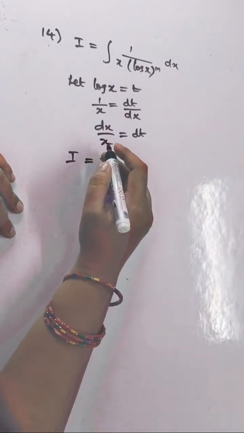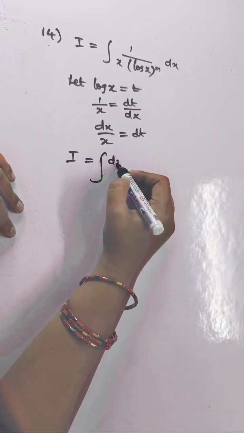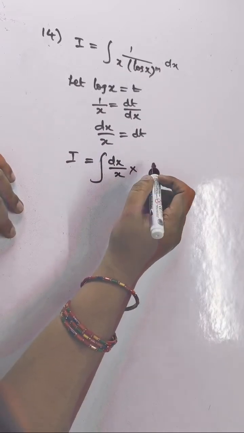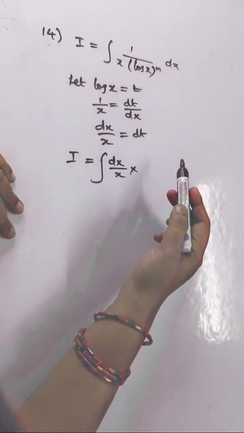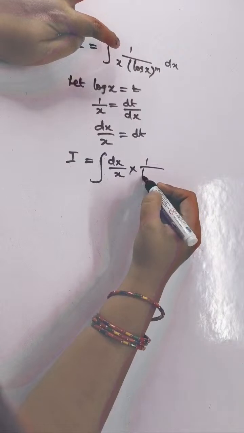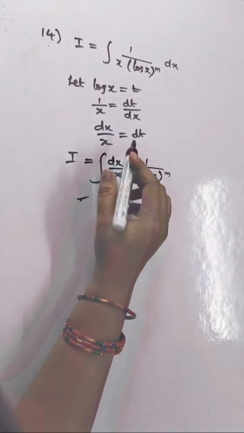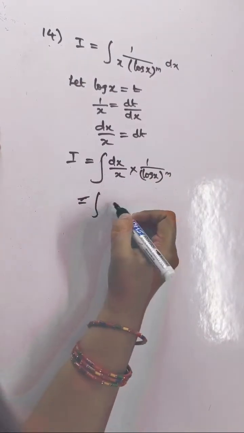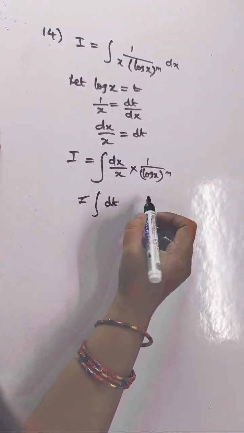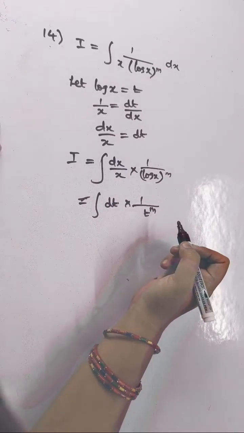The students who have joined now, for them I am writing here. Others, I guess you can understand that. So I am just splitting the terms, rearranging the terms. dx by x into 1 by (log x) the whole power m. Now in place of dx by x, that can be written as dt, and log x can be written as t power m.